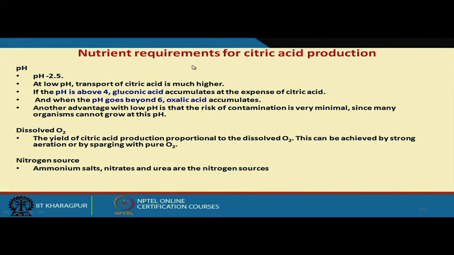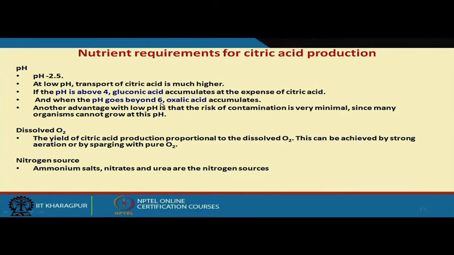Then the pH of the fermentation process, usually 2.5, is preferable. At low pH, transport of citric acid is much higher. At pH above 4, gluconic acid accumulation takes place at the expense of citric acid. If you maintain the pH at 4 with glucose, we will not get much citric acid production.